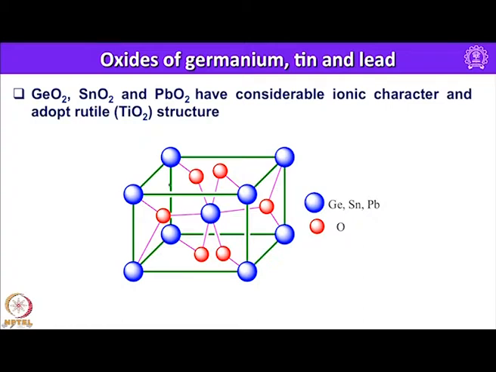So, oxides of germanium, tin and lead are very similar, with the rutile structure. You can see here, these main group elements, germanium, tin or lead, are essentially octahedrally surrounded by 6 oxygen atoms, whereas oxygen is tri-bridging in this fashion. 6 coordinated metal and 3 coordinated oxygen is the common feature of the rutile structure.